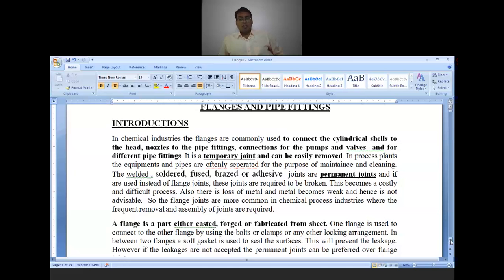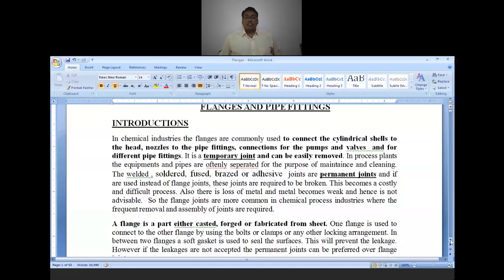So these are very common examples in our chemical industries. Because you have to connect one thing to another, you require some connecting agent, and that is served by your flange. So in that, there are temporary joints and permanent joints.